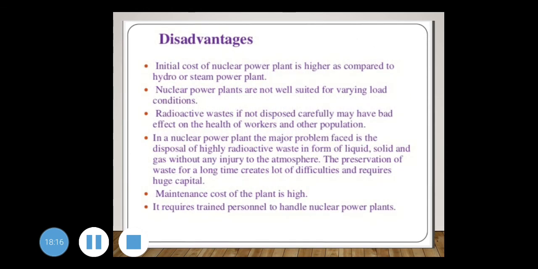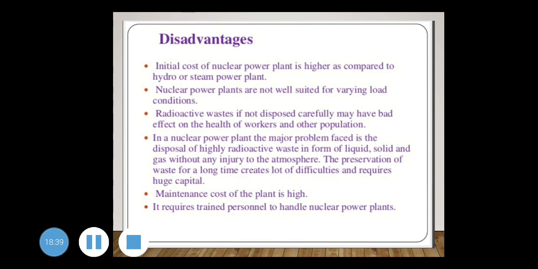Now, the disadvantages of the nuclear power plant. The initial cost of the nuclear power plant is high as compared to a hydropower plant, meaning the construction cost is high as compared to a hydropower or steam power plant.